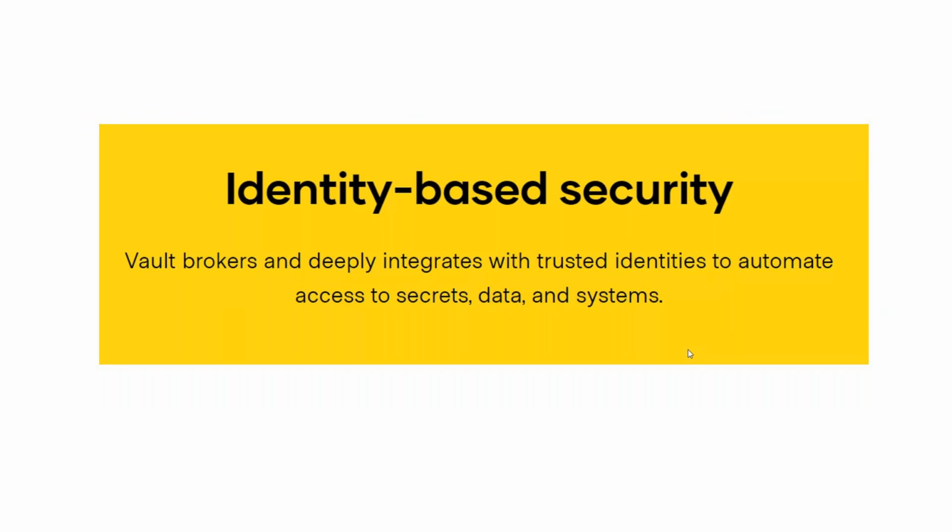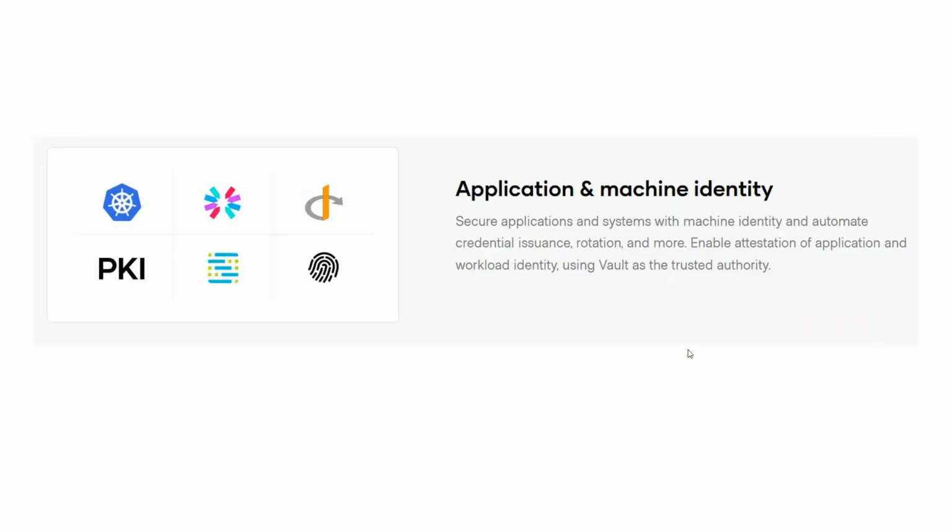Okay, so HashiCorp helps you to develop identity-based security. That means who has logged in, who has not logged in, all this data can be traced. Vault brokers and deeply integrates with trusted identities to automate access to secrets, data and systems. These are the identities supported by HashiCorp. That means these are some of the ways you can log in to HashiCorp. We have a pretty good list of options.